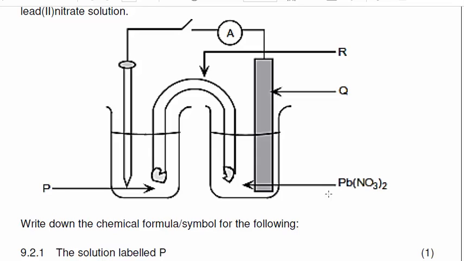The point here is the lead nitrate in this reaction. Notice, we know this is a lead nitrate solution. Even though the nail is not put in the lead nitrate solution, it is connected to it.